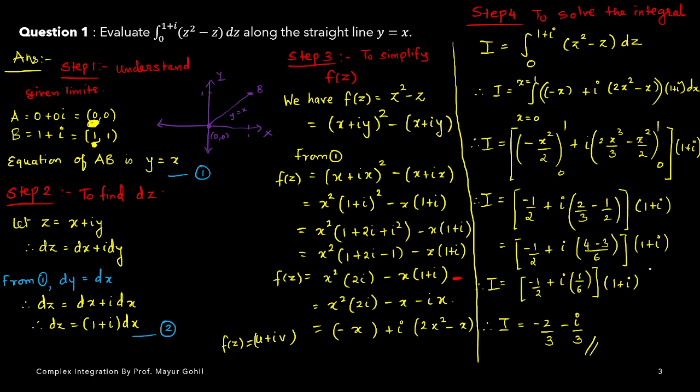You can let the calculator do that, and you can write your final answer. Because if a calculator is allowed in your examination, then that's what the calculator is supposed to do. It will help you to calculate it. So yeah, this is the basic example on complex integration.